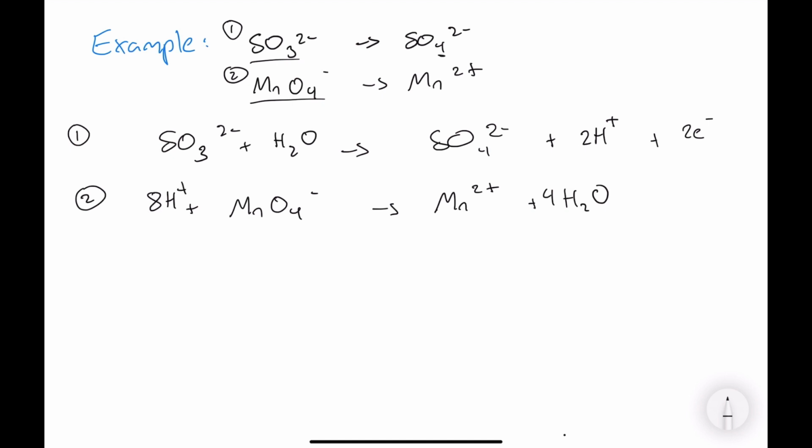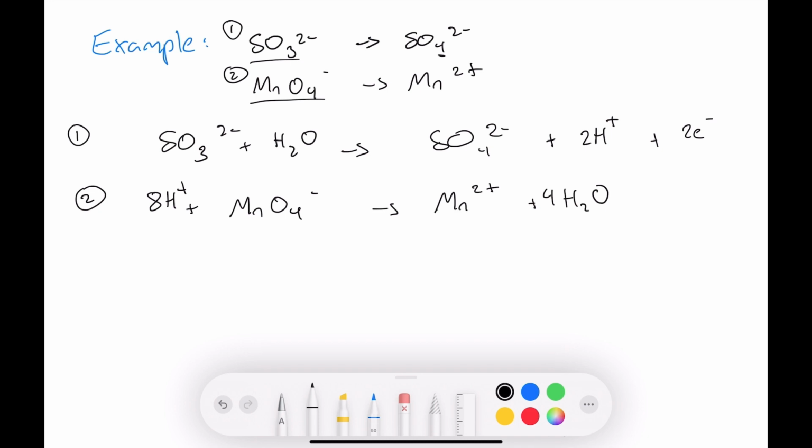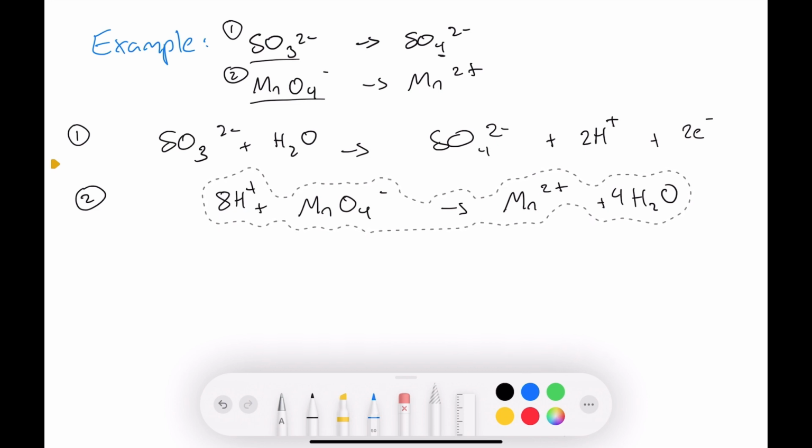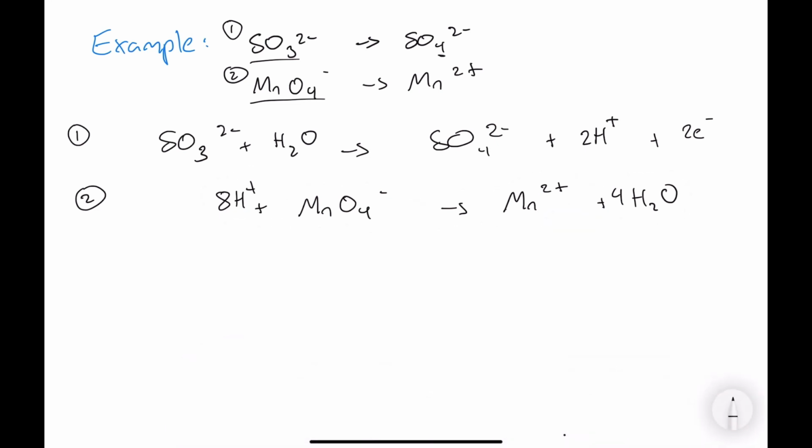So now we'll look at the overall charge. The overall charge of this one is +7, and overall charge here is +2. So we'll have to add 5 electrons to the left side to make the charge even. So just put that there.